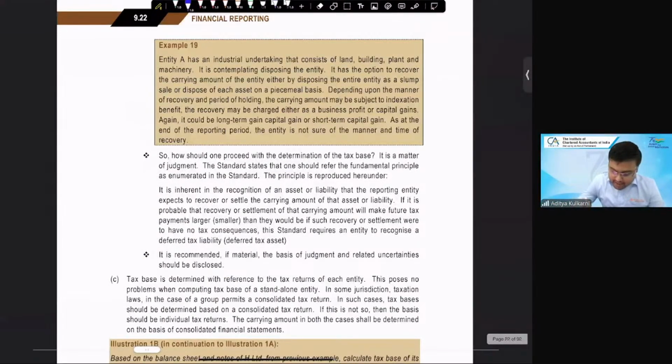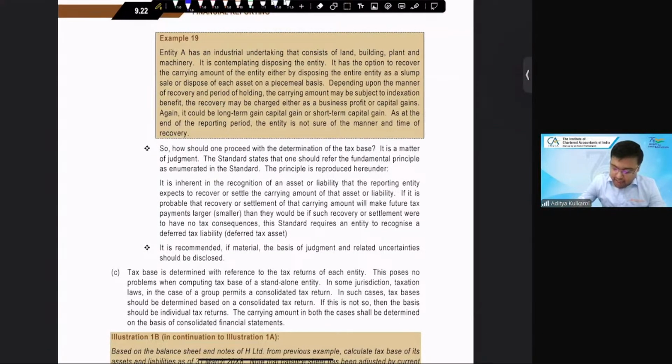Entity A has an industrial undertaking that consists of land, building, plant, and machinery. Contemplating to dispose of it, it has the option to recover the carrying amount either by disposing of the entire undertaking as a slump sale. You remember we have slump sale under the Income Tax Act? I think section 50B or something, right? Under a slump sale, are you able to attribute individual amounts to assets and liabilities?